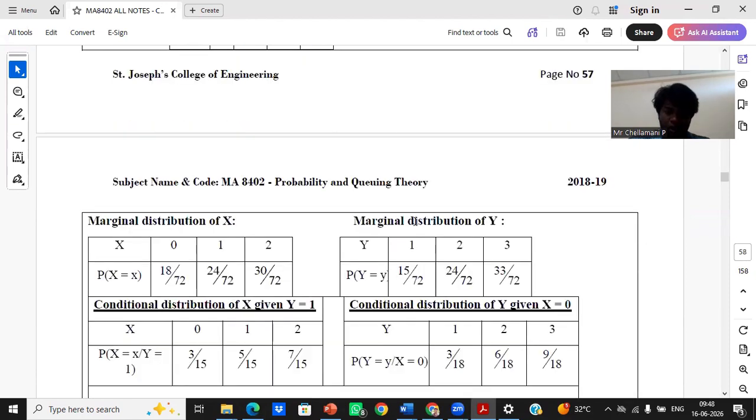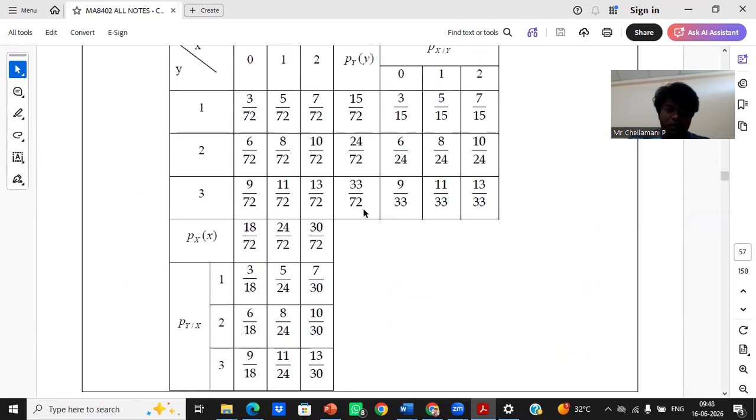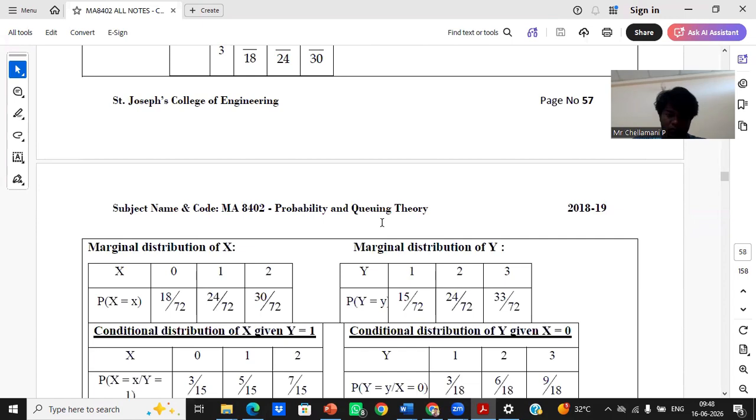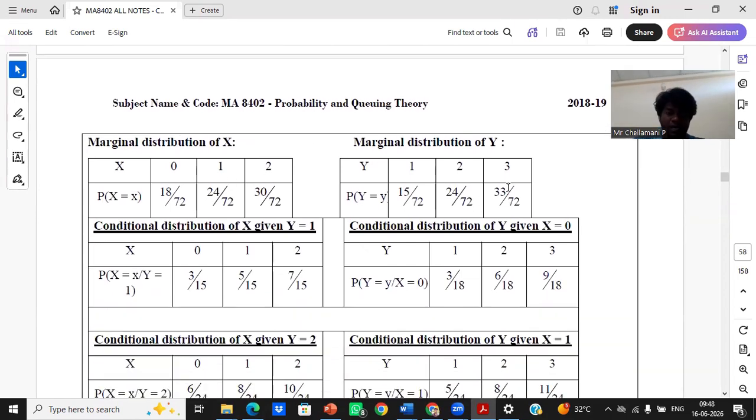Similarly, the marginal distribution of y is 1, 2, 3 with the P of y values, row wise: 15 by 72, 24 by 72, and 33 by 72. So this is the marginal distribution of x and the marginal distribution of y.